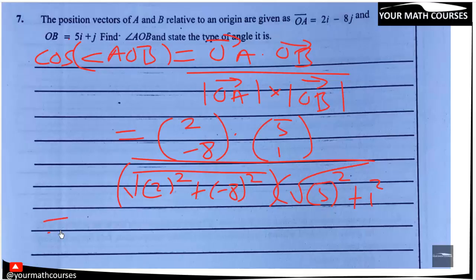So this will give us 2 times 5 plus -8 times 1, all over square root of 4 plus 64, which gives us 68. So square root of 68 times square root of 26.